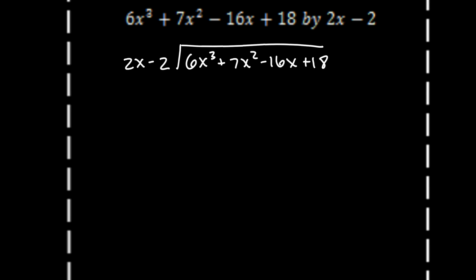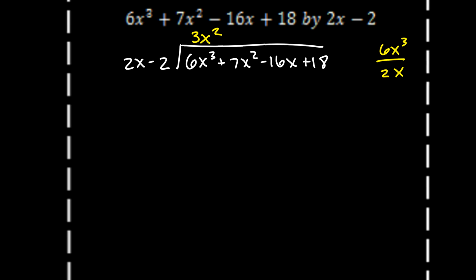What is our first step? Good. Yes, divide 6x cubed by 2x, and what do you get? Yes, 3x squared.